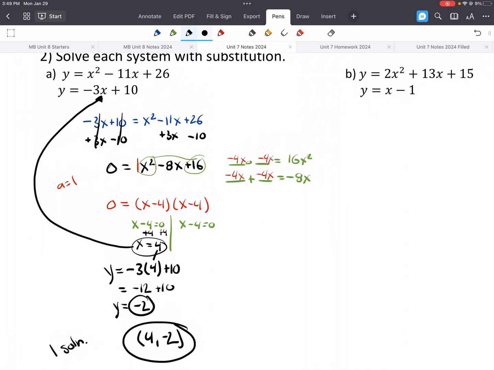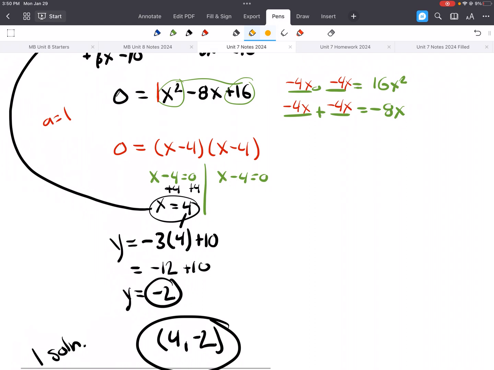Again, we set them equal to each other, right here. We get everything on one side, so it's 0 equals. And then we'll do the puzzle, find the two things that multiply and add. That will end up giving us the two binomials. And from there we will solve for x.